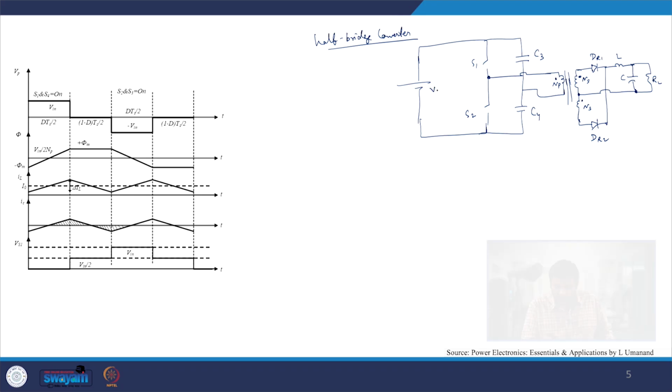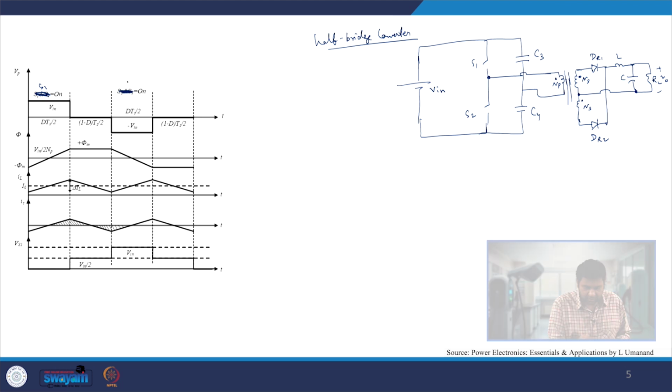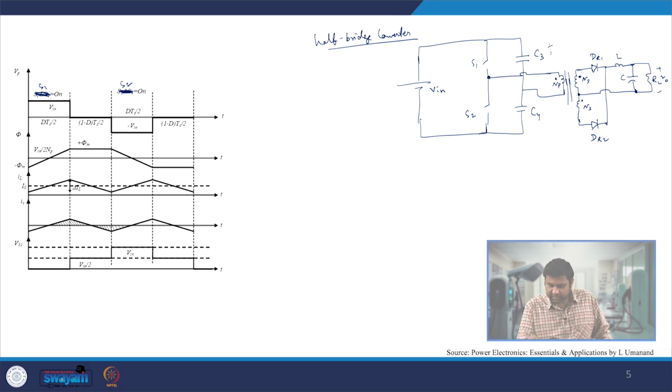Now here we have V in voltage and the output is V naught voltage. In this case my S1 is on, and in this case my S2 is on. Across C3 and C4 we have V in by 2 potential.